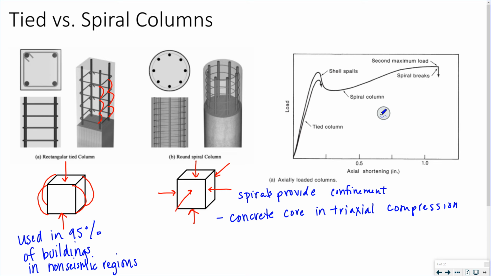As a result, when concrete is in triaxial compression, it results in a stronger column. It's also more ductile.